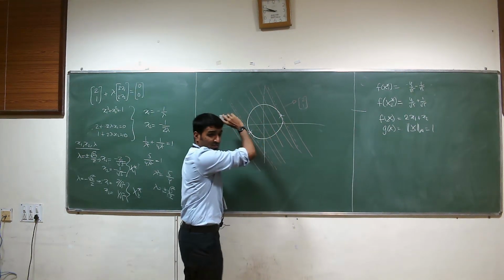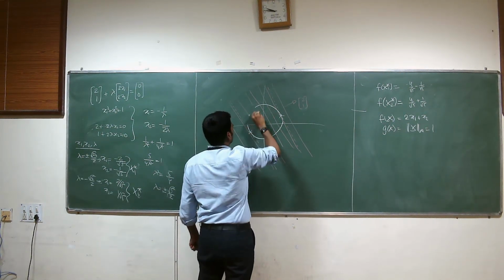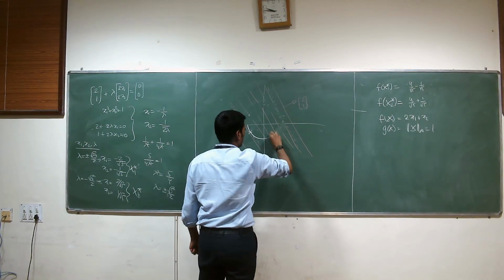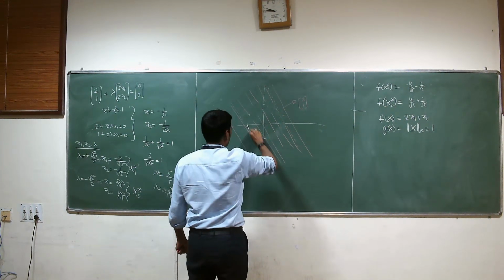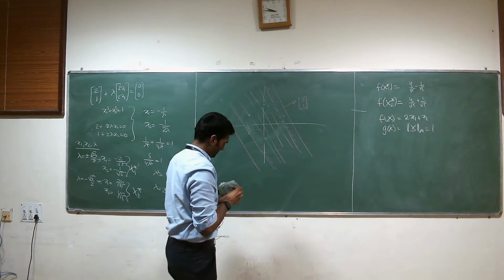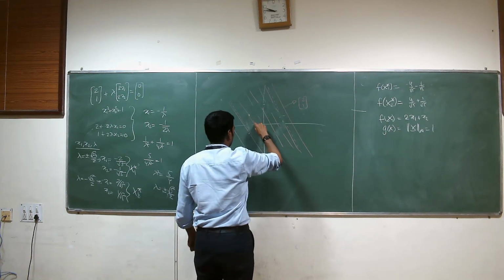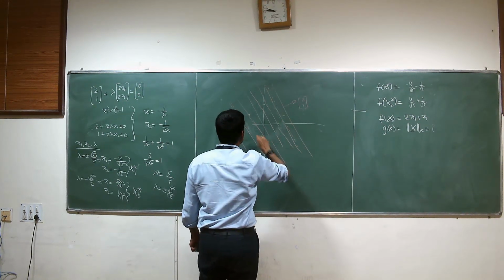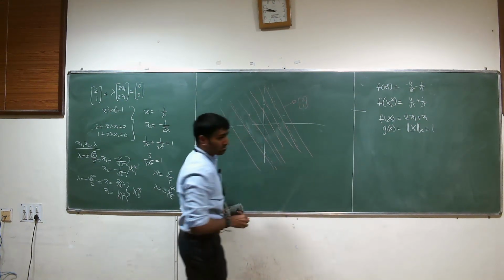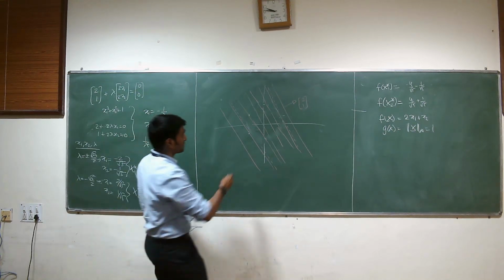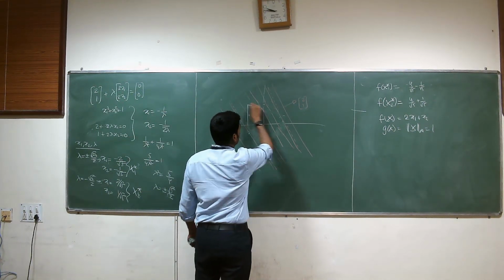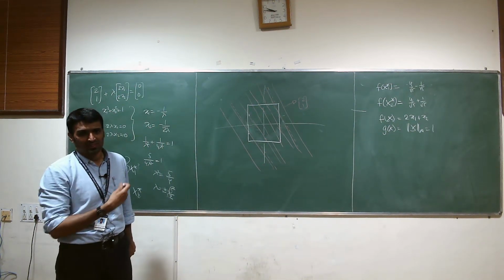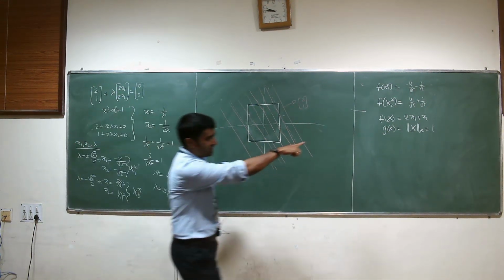I remove this. Where is g of x now? It will be a square. Why will it be a square? What is the definition of this?